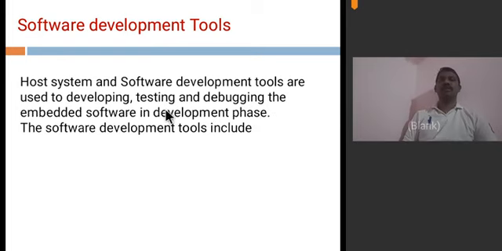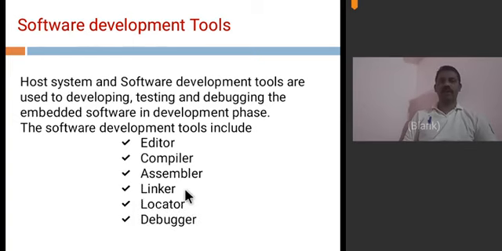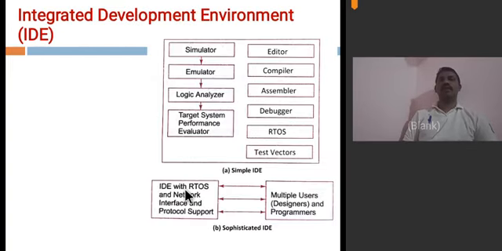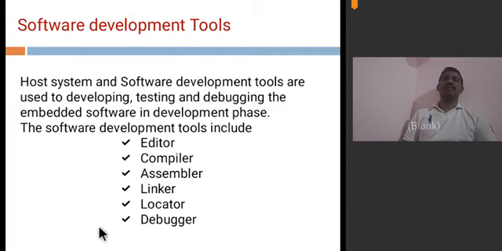What are they? The software development tools include editor, next compiler, next assembler, linker, locator, debugger. These are the various software development tools that are used for creating executable file.